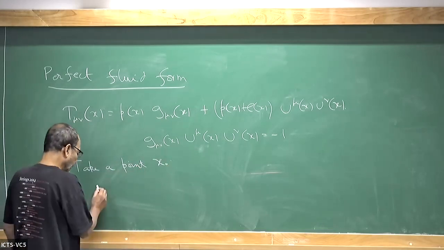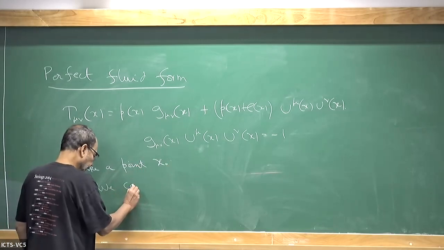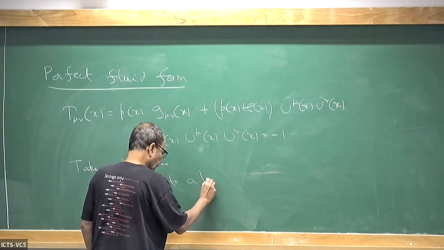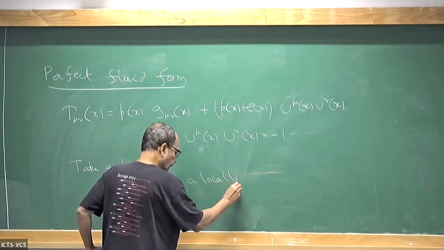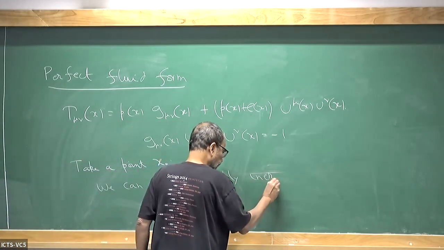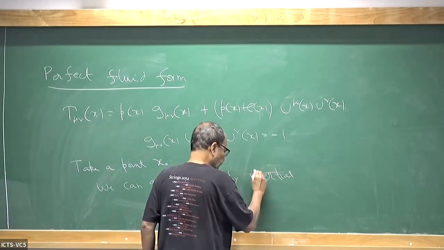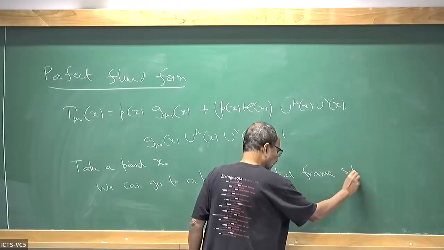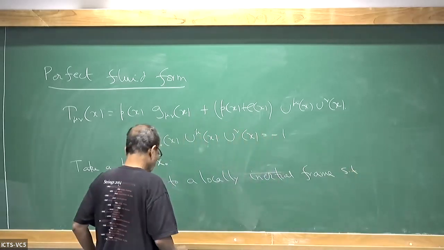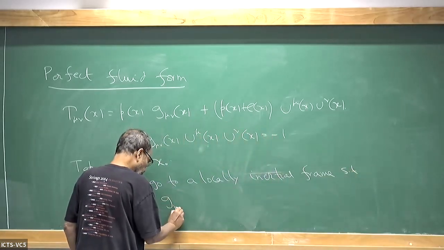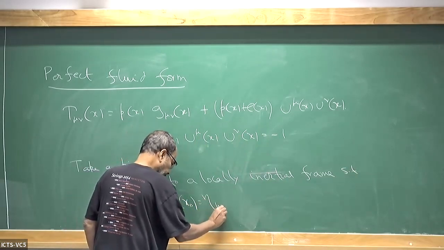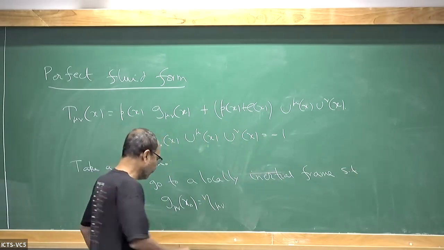So at this point, we can go to a local inertial frame such that g mu nu of x naught is eta mu nu. Right? That's the definition of a local inertial frame, and the first derivative of g is 0.